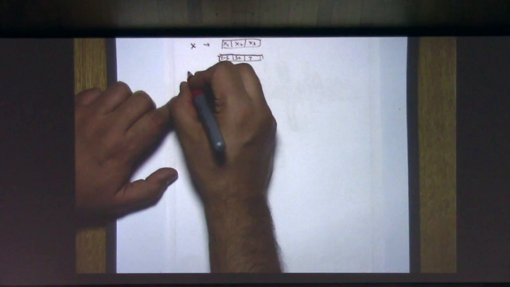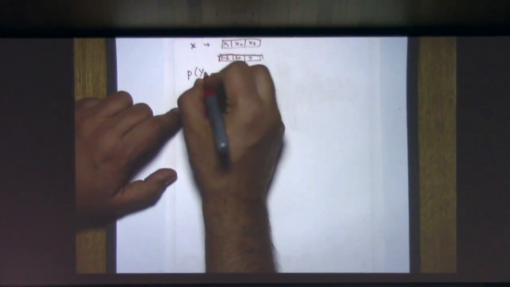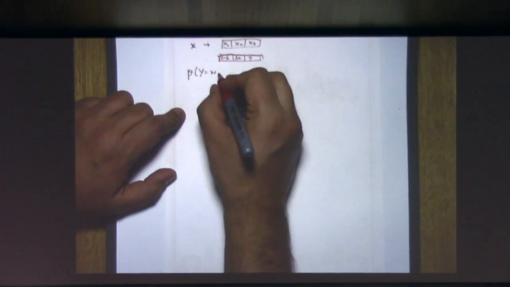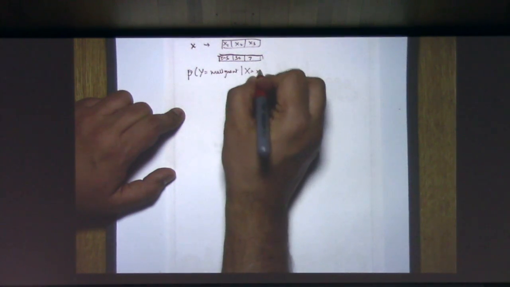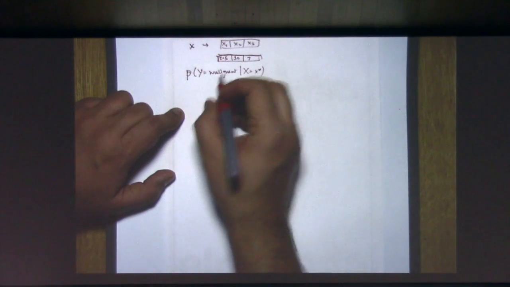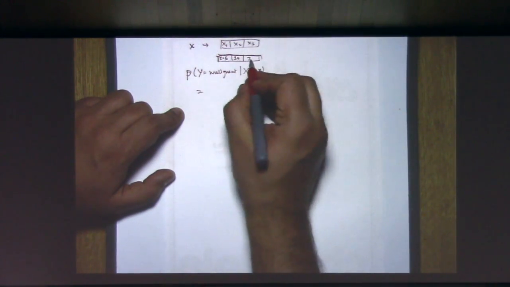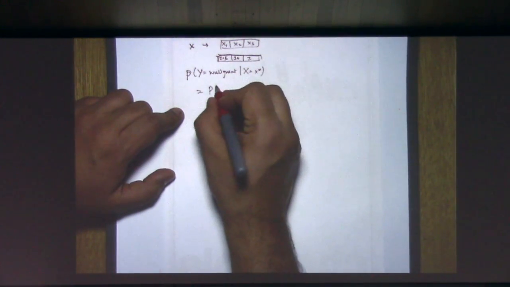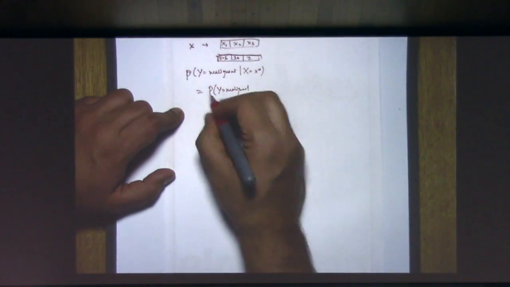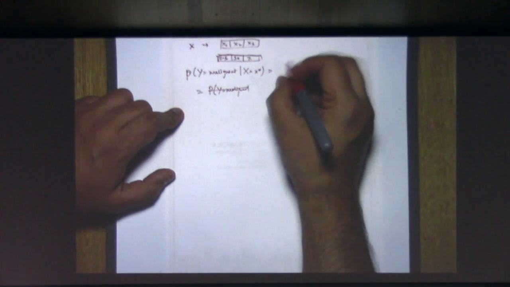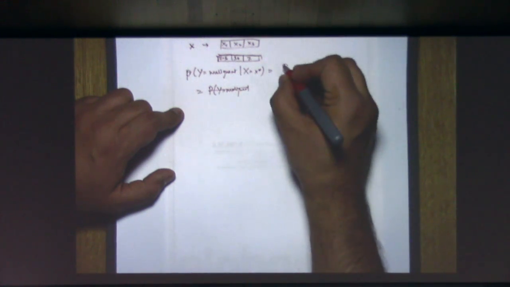So now what you want to do is, what is the probability of y to be malignant given x is some x star, right? Well, we first write it in sort of the Bayes rule way.